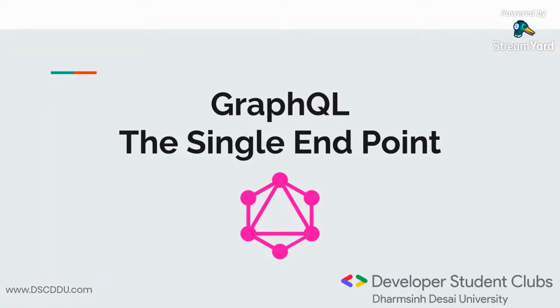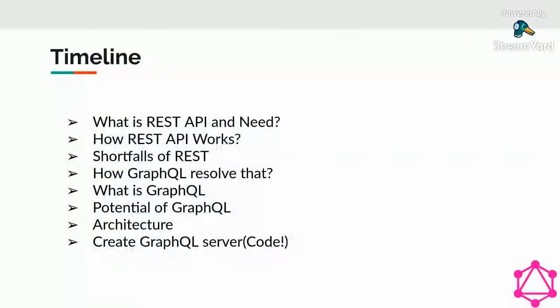As our topic for today is GraphQL, the single endpoint, you will get this tagline of the single endpoint at the end of the seminar. Before going into that, first we understand the timeline, the topics that we are going to cover in this seminar. The first one that we'll focus on is what REST API is, why it's needed, and how REST API exactly works, like why we need API first.